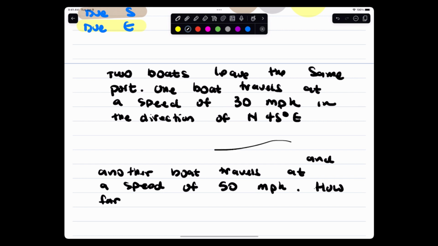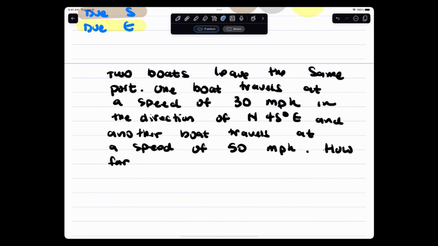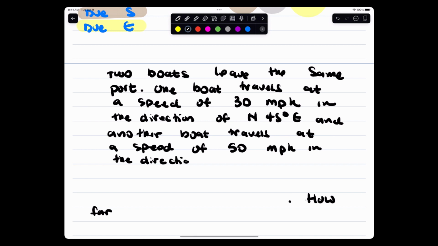And another boat travels at a speed of 50 miles per hour in the direction of south 20 degrees east.